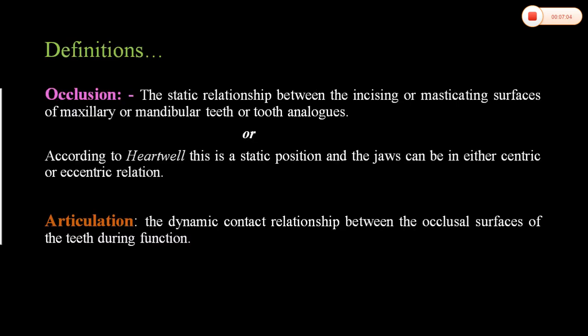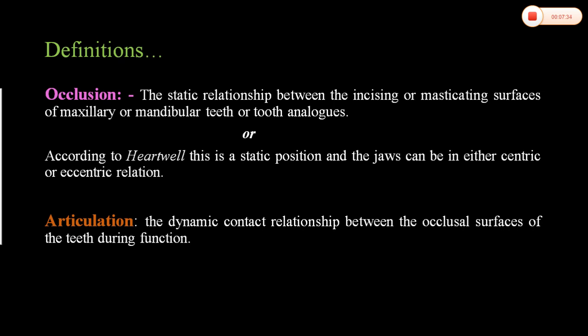So coming to the definition, occlusion is the static relation between the incising means anterior teeth, or masticating surfaces. These are the posterior occlusal surfaces of maxillary or mandibular teeth or tooth analogs. Occlusion means once the jaw movement comes to a static position, at that position the contact of upper and lower teeth is known as occlusion.